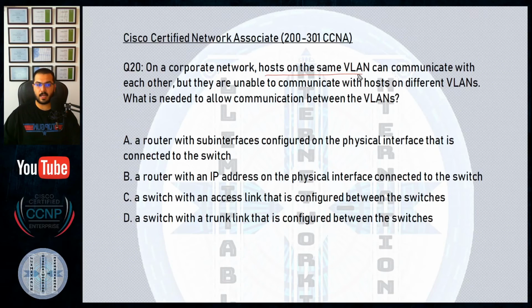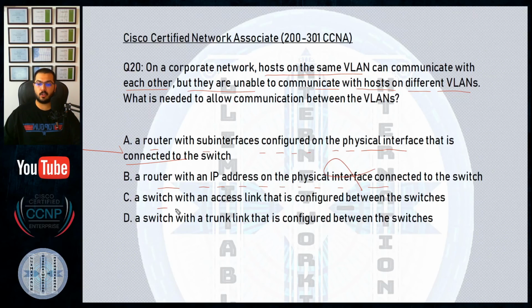Hosts on the same VLAN can communicate with each other, good, but they are unable to communicate with hosts on different VLANs because there is no layer 3 device. So you need either a router using router on a stick, or a multilayer switch with SVI. You need a router with subinterfaces configured on the physical interface that is connected. Yes, this is the router on a stick method, and there is a big 90-minute lab in the series about that. A router with an IP address on the physical interface is needed?